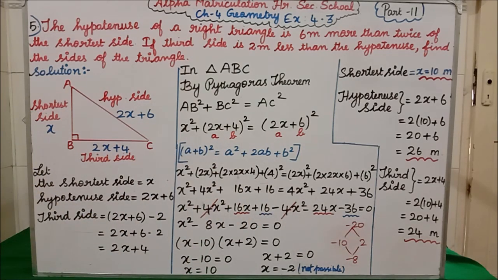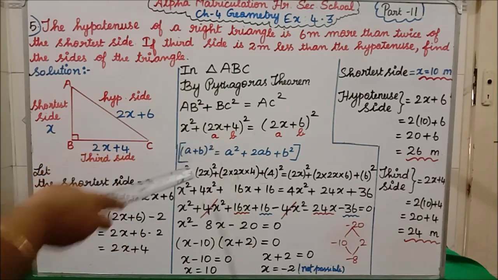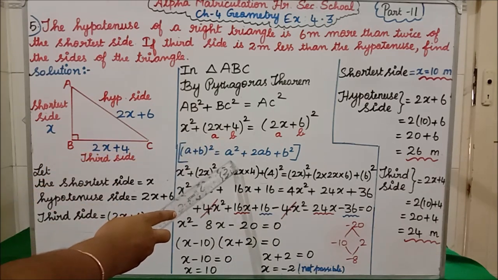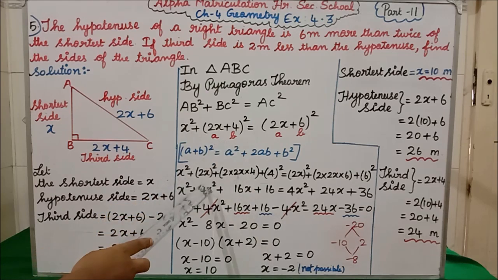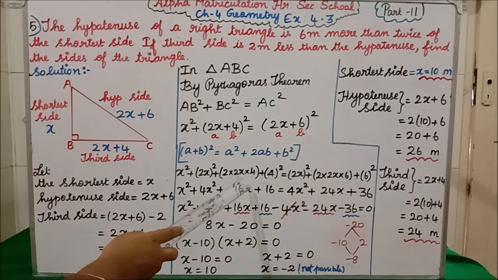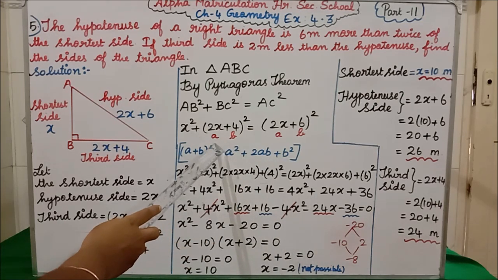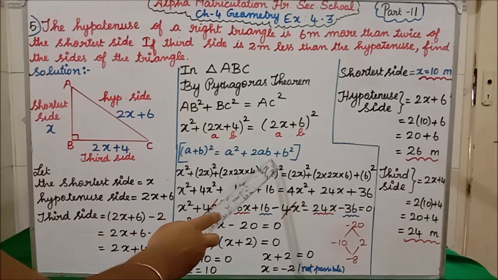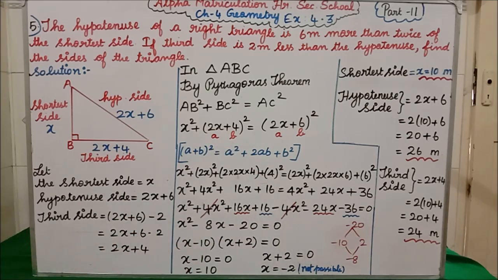Clear now students? So I have written x square plus, here, what is the first term? a square means what I have to write? (2x) the whole square. Here plus, I have also written plus 2 into a into b. So 2 into a, instead of a we have 2x, instead of b we have 4. So I have written 4.